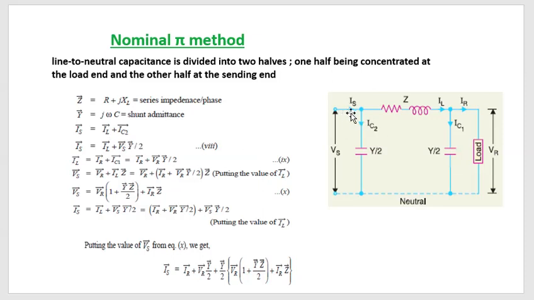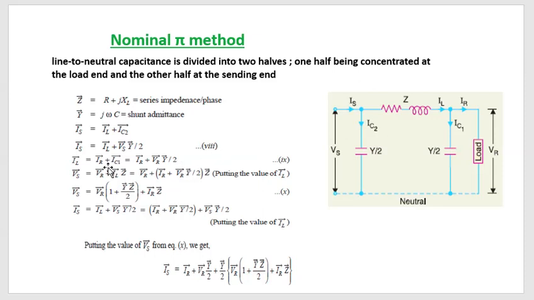These equations come from applying KCL on this node. And next we have Is is equal to IL plus Vs into Y divided by 2. We just have substituted the value of IC2 and we got the value of Is and we named the equation as equation 8.